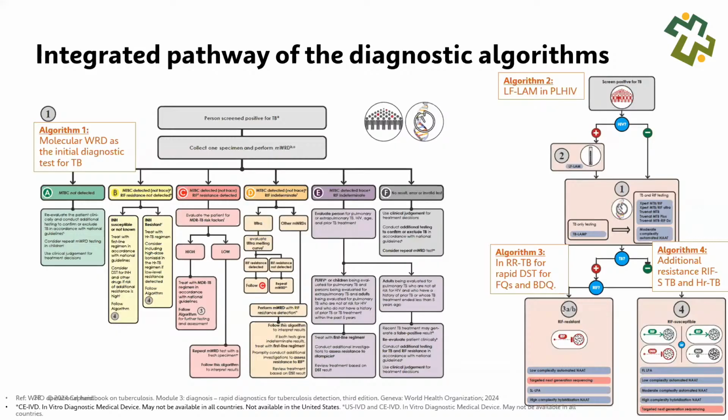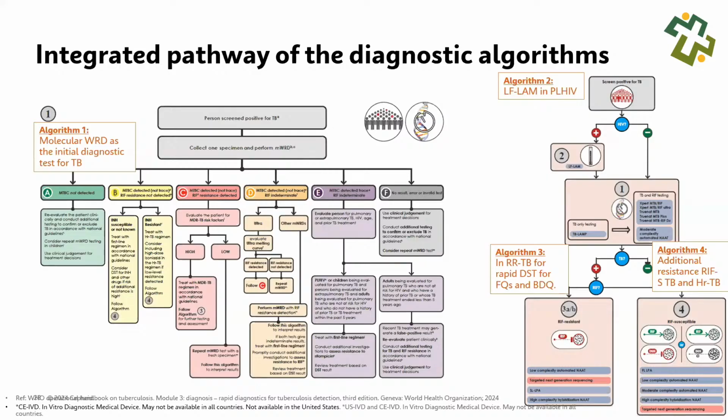And then there's LF-LAM for people living with HIV, especially those that are not able to produce sputum, and rapid drug susceptibility testing for fluoroquinolones and bedaquiline in rifampicin-resistant TB, and additional resistance testing for rifampicin susceptible and isoniazid-resistant TB.